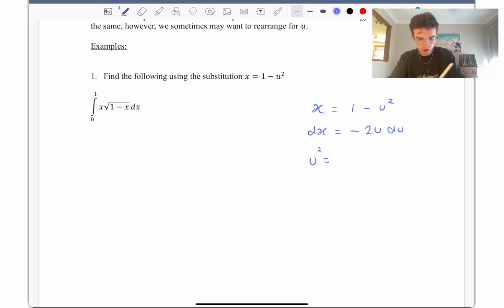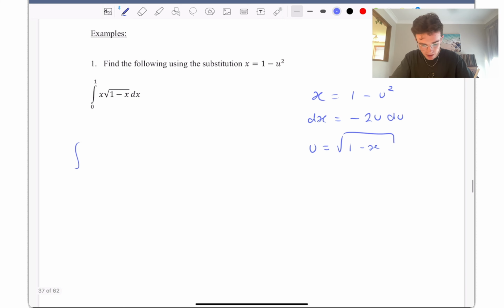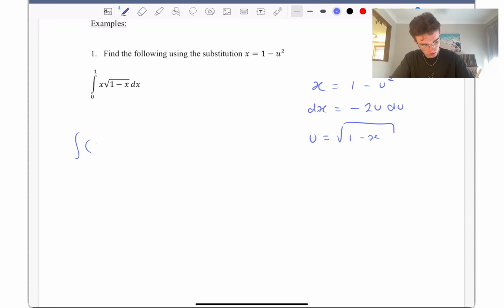So if we substitute all of that in, it's going to be the integral. Now I'm not going to do the bounds yet because we're going to change the bounds. So the integral, now we said x is 1 minus u squared, and u is the square root of 1 minus x, so this is just u here.